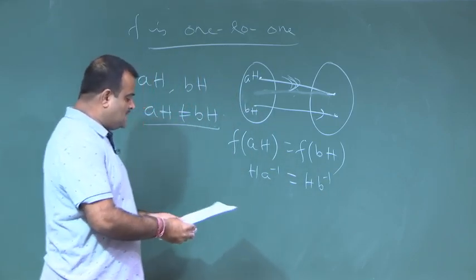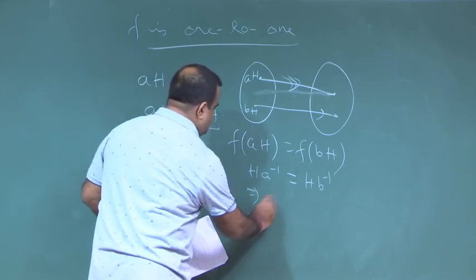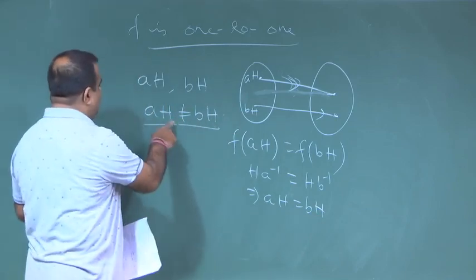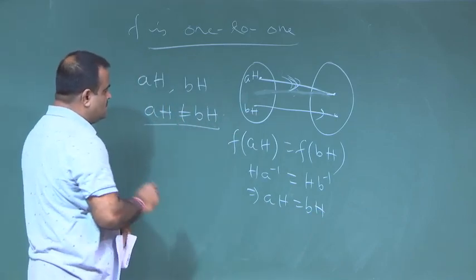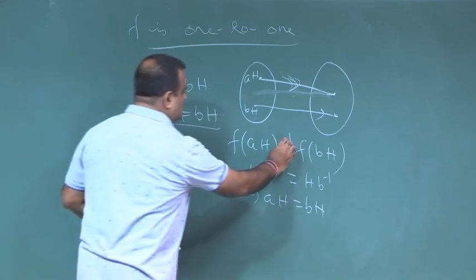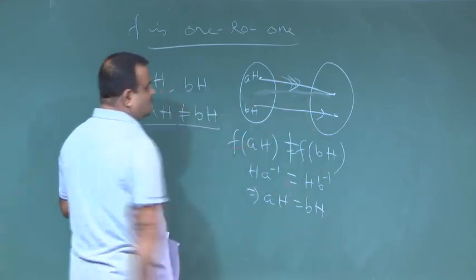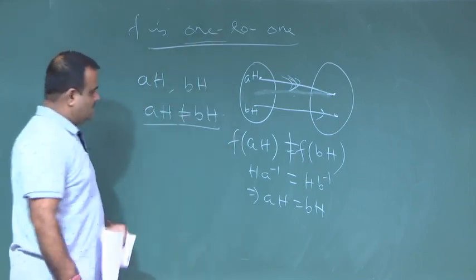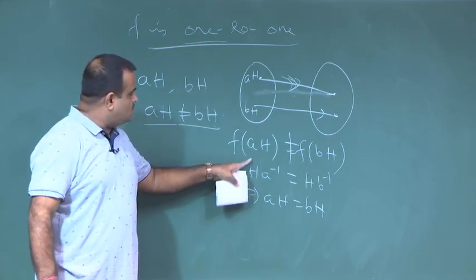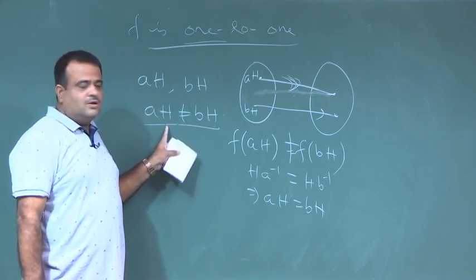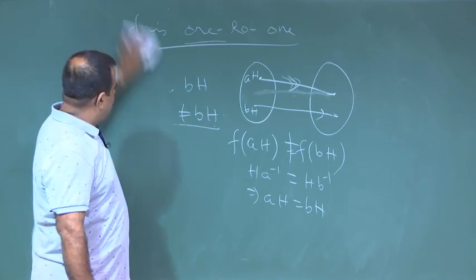Now, this implies A is equal to B H, which contradicts the fact H is not equal to B H. So, this is not equal. So, the mapping is 1 to 1. Otherwise, if we assume their images are the same, then they must be the same. So, F is a 1 to 1 mapping.